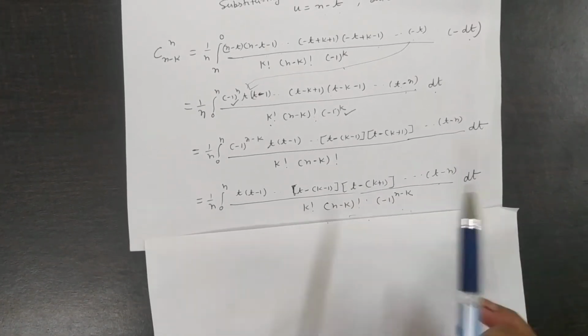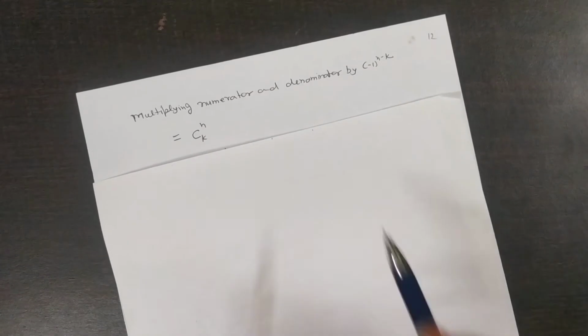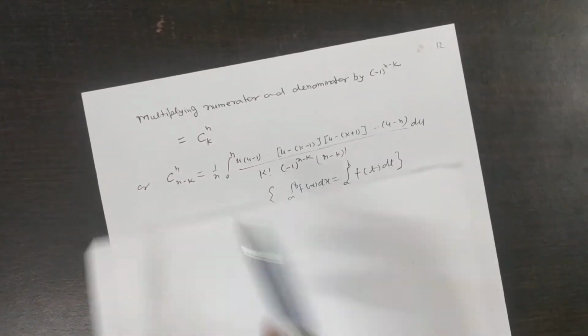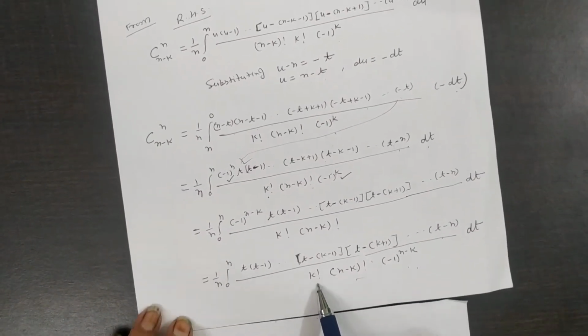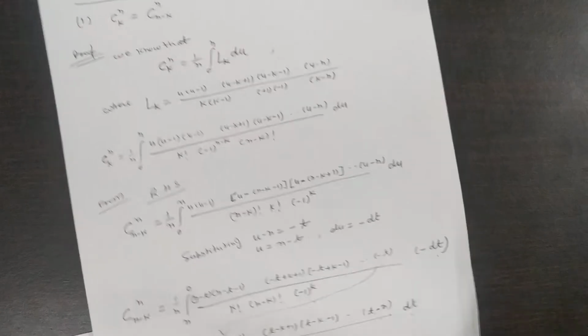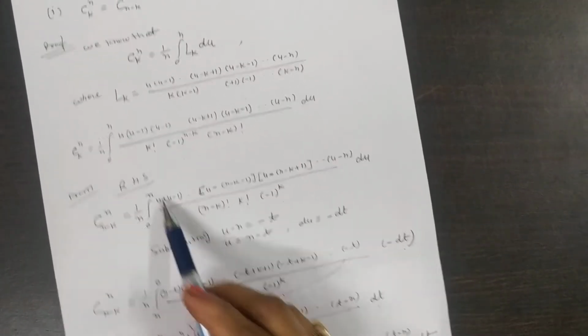Yes, clear? Okay. Therefore multiplying the minus 1 and minus 1, we again get this one. You see this is the same as this, and you see this is the same, according to this one you get, and according to this one.